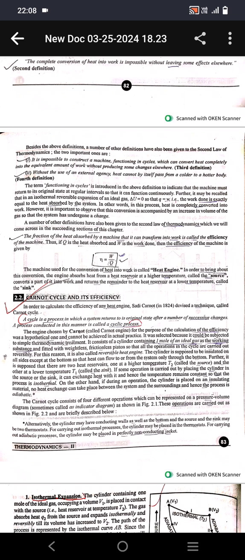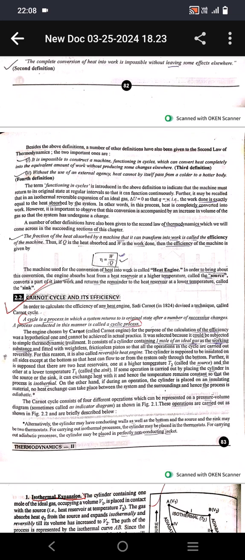In other words, in this process heat is completely converted into work. However, it is important to observe that this conversion is accompanied by an increase in volume of the gas, so that the system has undergone a change. A number of other definitions have also been given to the second law of thermodynamics. We will come across them in the succeeding sections of this chapter.